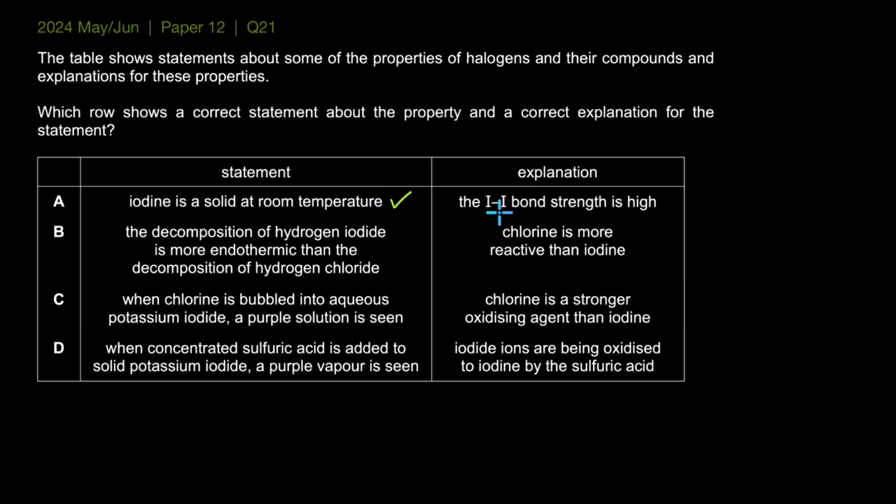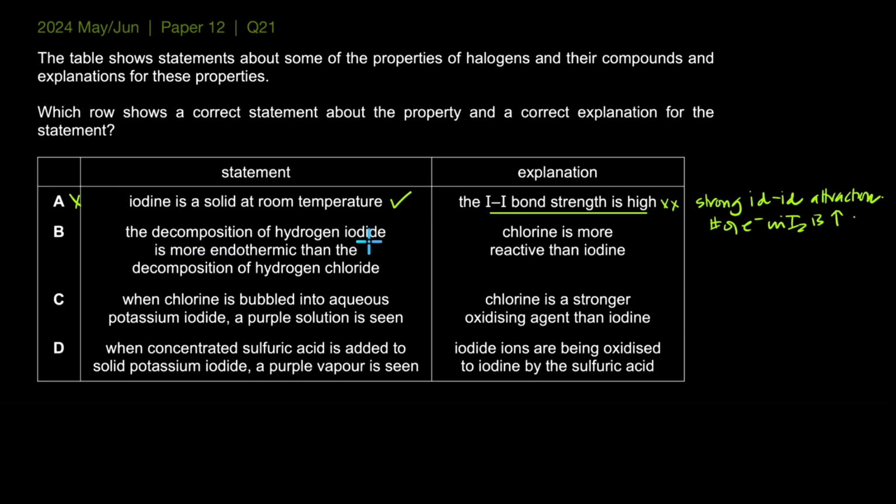But the explanation has nothing to do with the bond; it says it has strong induced dipole attraction. And why is that strong? Because the number of electrons in I2 is high. That's why A cannot be the answer.